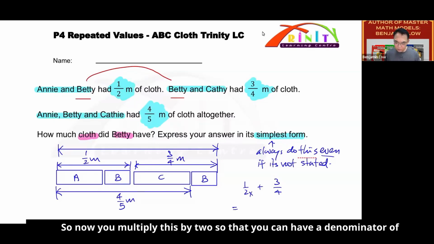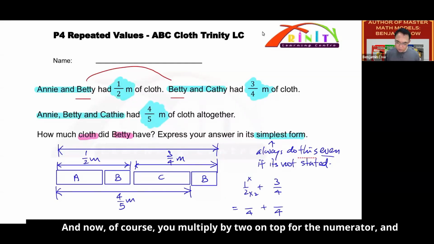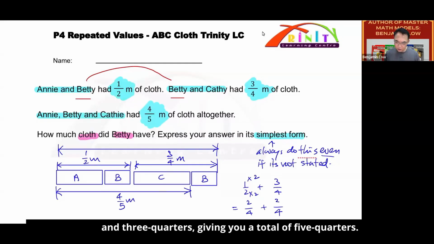Now you multiply this by 2 so that you can have a denominator of 4 to match the other one. And then of course you multiply by 2 on top for the numerator, and you get 2 quarters and 3 quarters, giving you a total of 5 quarters. So 5 quarters is the value over here.